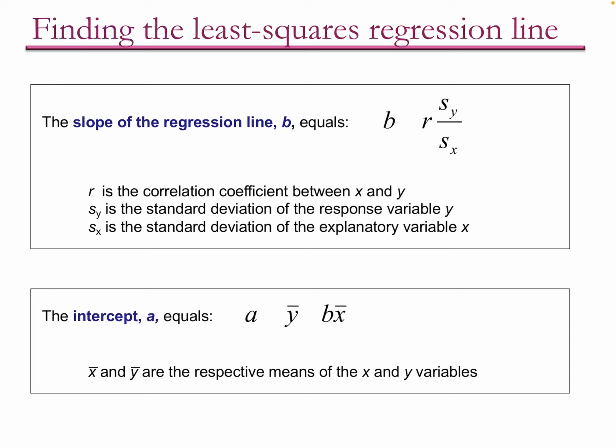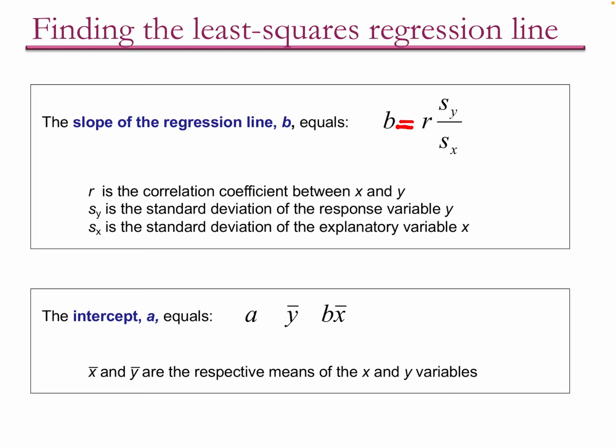So the slope, and again, I have to write these things in because they don't transfer on the iPad, the slope, b, equals the correlation coefficient multiplied by the quotient of the standard deviation of our dependent variable and the standard deviation of our independent variable. So if you know the standard deviation of your y data, you can divide that by the standard deviation of your x data, take that quotient, multiply it by your correlation coefficient, and that gives you the slope of the line.